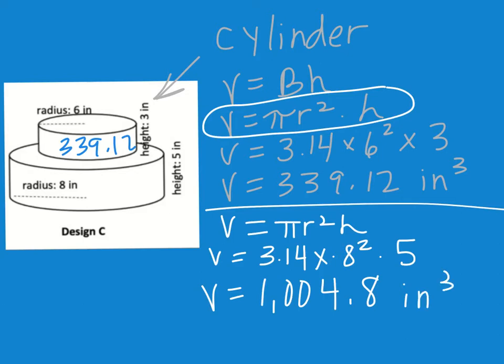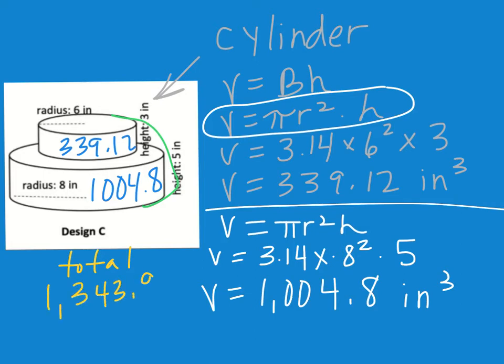So in my picture, 1004.8. And now to get the composite, the total, we add those together. So total that up, and it gives us 1343.9. It says round to the 10th place, I think, for our total, so inches cubed.